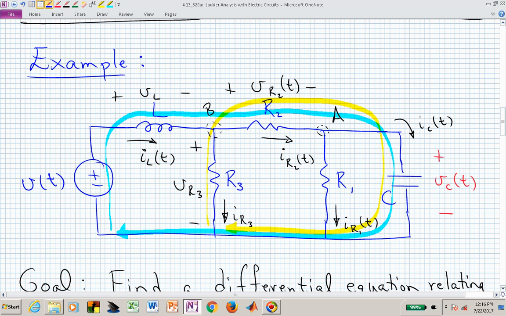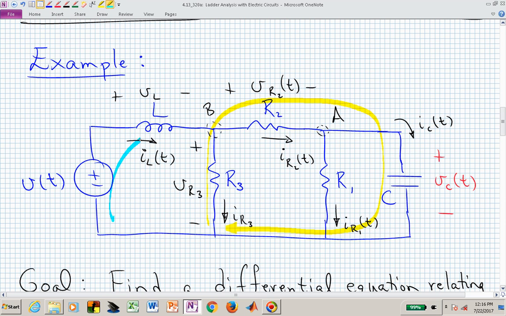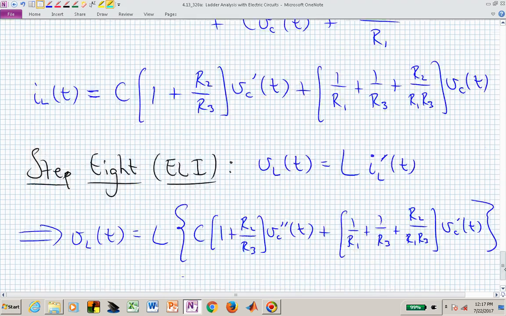We have minus V if we start at the lower left-hand corner, plus V sub L, plus, well, let's just stop it at plus V sub R sub 3, since we have that in terms of all of the remaining variables, and they're all in terms of V sub C. So step 9, is that where we're at?